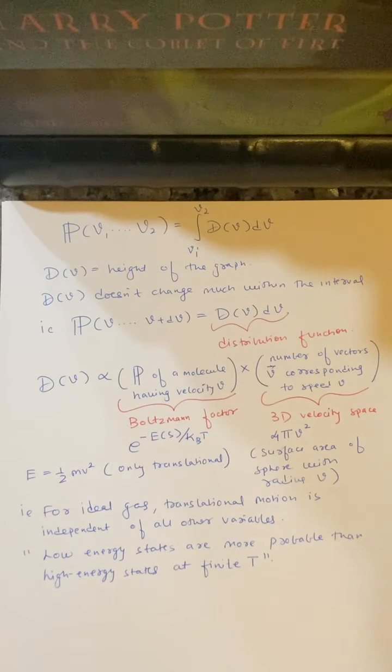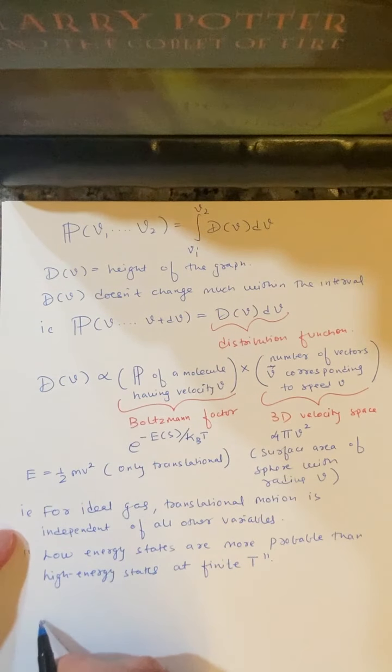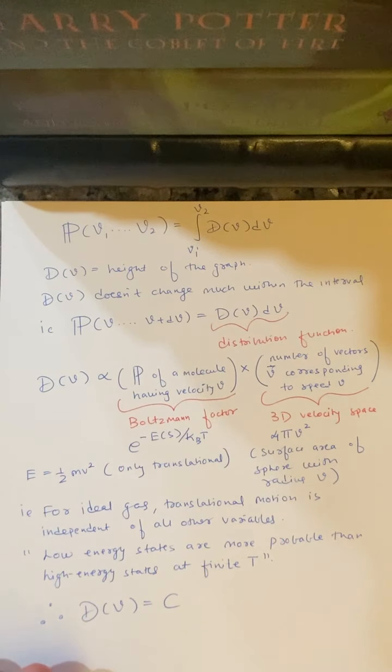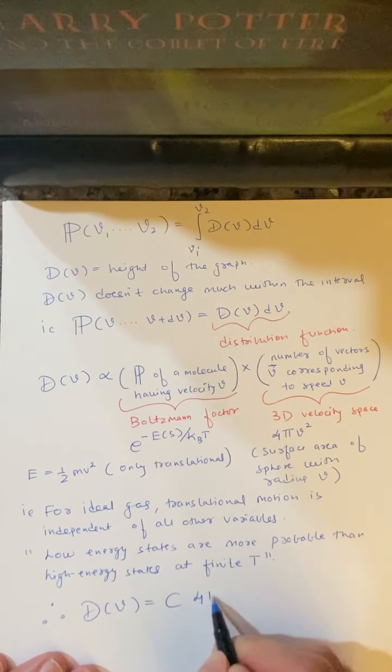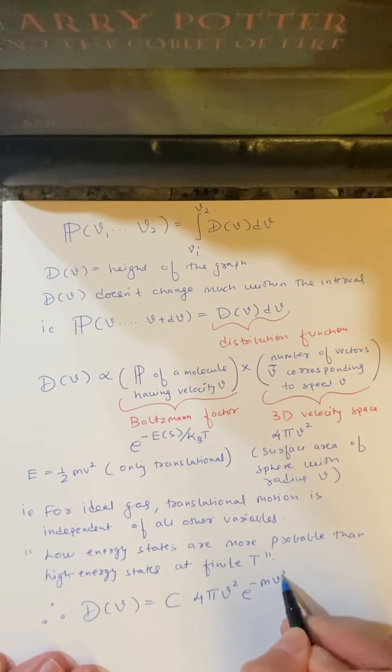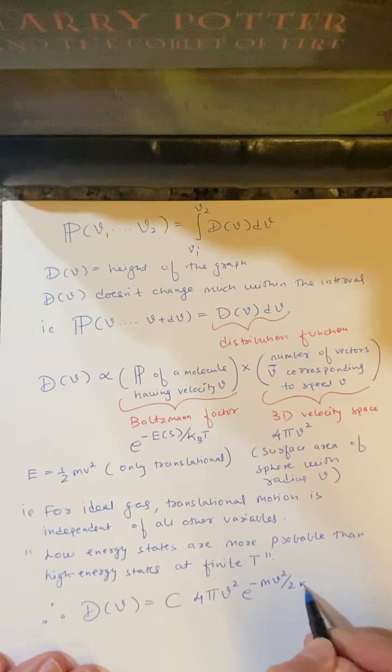Therefore, if someone has to now give us a formula or derive a formula for the distribution function, then what we have here is, therefore, D of v is equal to C, which we are going to call a constant of proportionality. We are not there yet, right? C times 4 pi v square e raised to minus mv square over 2 kBT.